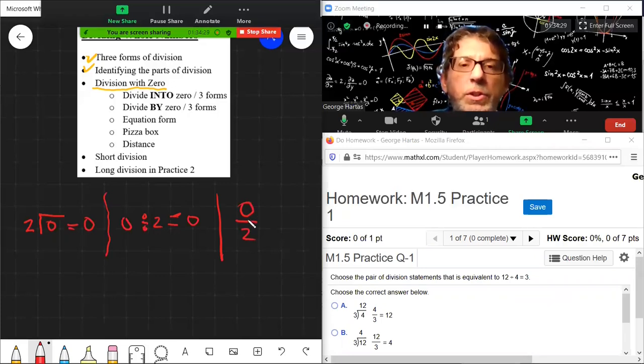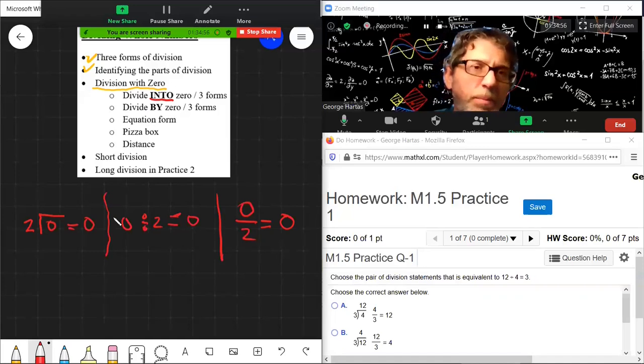When you have 0 in the part, that means the answer is 0. You have nothing. And we'll go over a couple of examples here to hopefully help you memorize this. So when you divide into 0, the answer is 0.